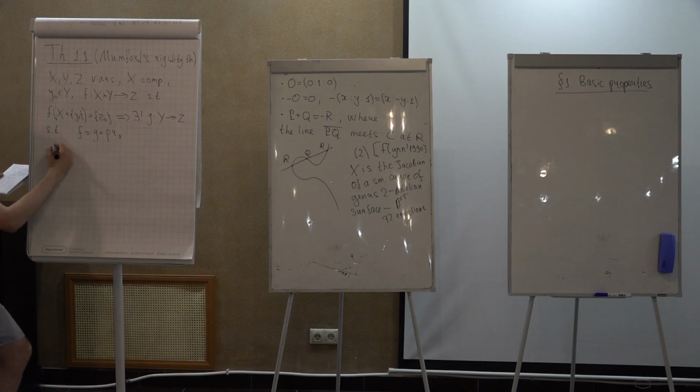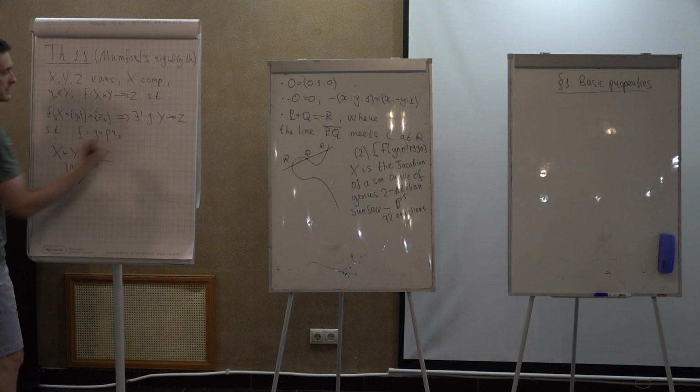Let me draw the diagram. X times Y, we can project it to Y. We have f, and so there exists this G, so that f factors through the projection.